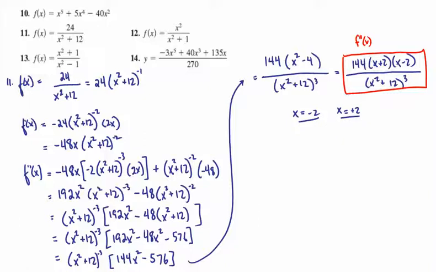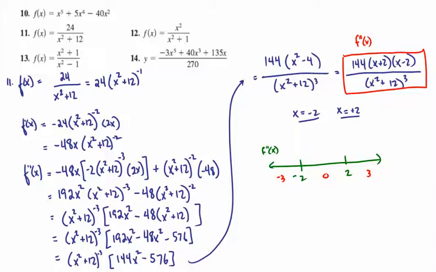In this case it will never be 0, and we're going to make our number line and put in our potential points of inflection, find test points. Remember that we're working with the second derivative here, and we're just going to plug them in. The denominator, because it's x squared plus 12, will always be positive, so we only need to worry about the numerator and those two factors, x plus 2 and x minus 2.